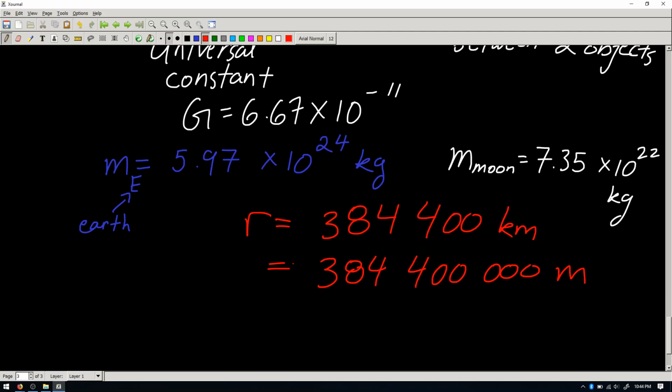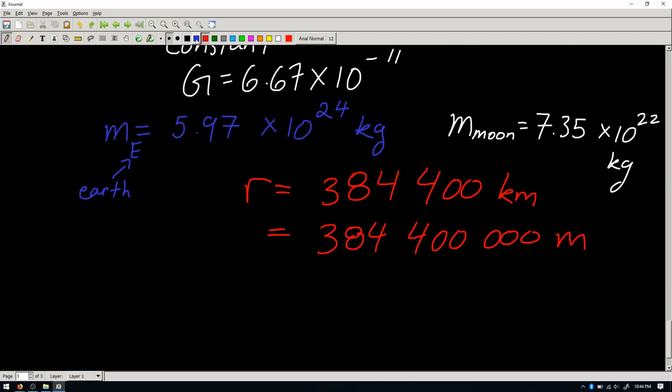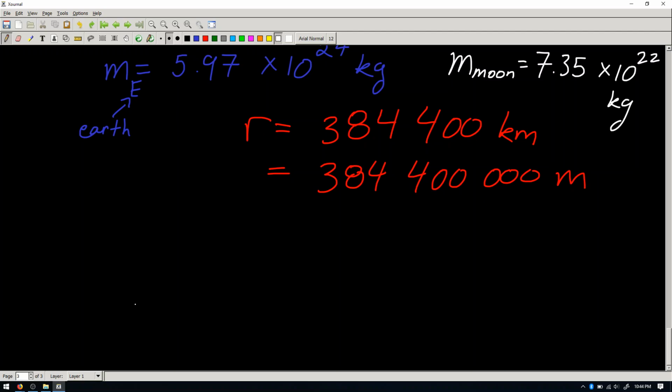That's the separation distance. All you have to do now, guys, to calculate the magnitude of the force between the Earth and the Moon is plug in the values to your equation. So here we go.